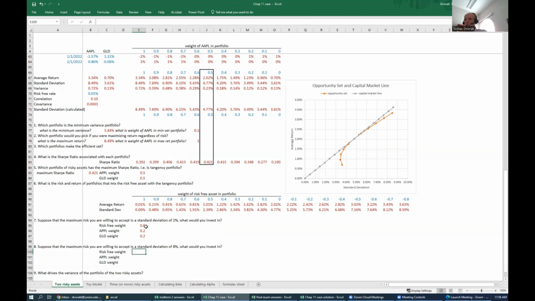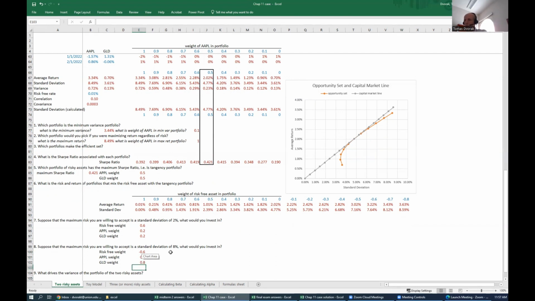Suppose that the maximum risk I'm willing to accept is a standard deviation of 8%. What would I invest in? Well, 8%, I guess that takes me all the way to this portfolio here. So I'm going to borrow $60. I'm going to put a negative weight of 0.6 here. And then I'm going to invest 50-50 Apple and Gold, which will be 0.8 Apple, 0.8 Gold, right?